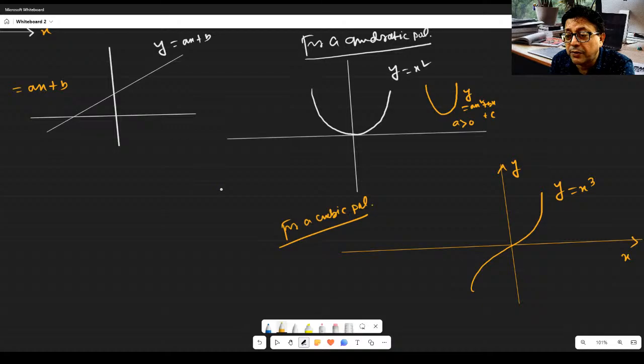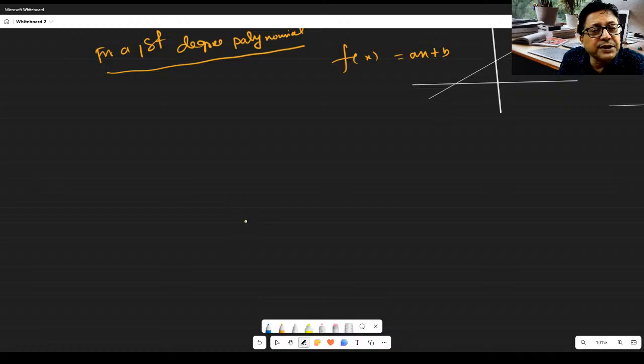It is defined for all real values of x. So your conclusion will be every polynomial function is continuous everywhere, at every point on the number line.